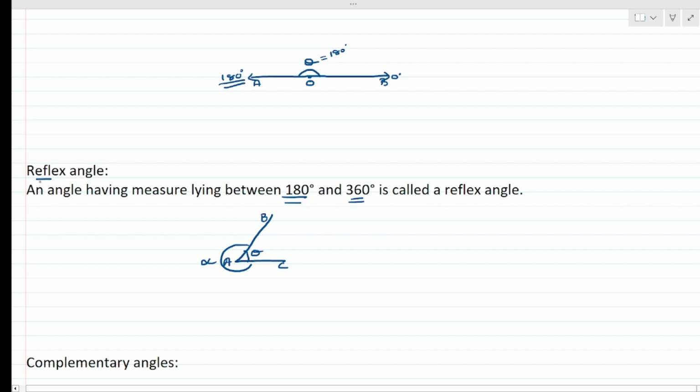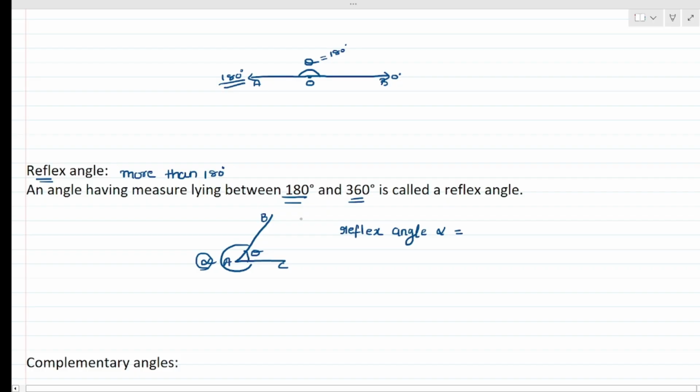That means our reflex angle will always be more than 180 degrees. So if you want to find any reflex angle, suppose we are asked to find the reflex angle alpha.